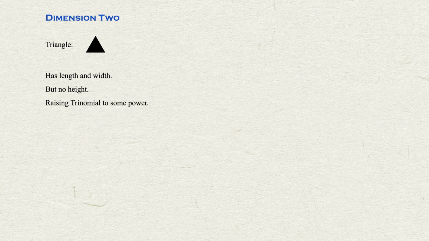If we continue to think along these lines, an object with length and width but no height would be a two-dimensional object. Examples would be a triangle, rectangle, or circle. For our purpose, we'll focus on a triangle. We will soon see that expanding a trinomial corresponds to all the values in the entire triangle, not just one row of the triangle. Therefore, the entire triangle will represent the coefficients needed to expand a trinomial.